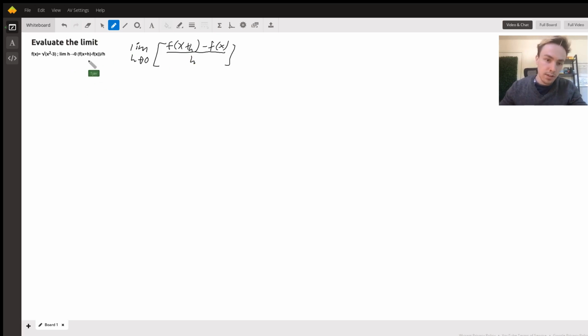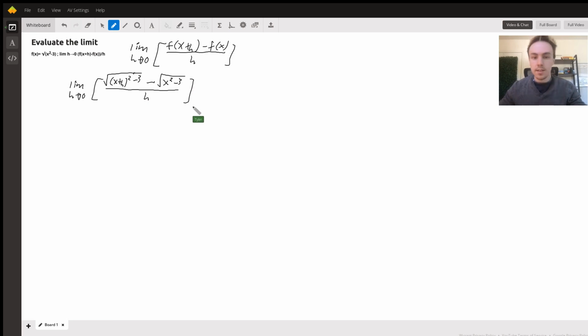So this is equivalent to the limit as h tends to 0 of the square root of x plus h squared minus 3. Apologies for the handwriting. Minus the square root of x squared minus 3, all divided by h.